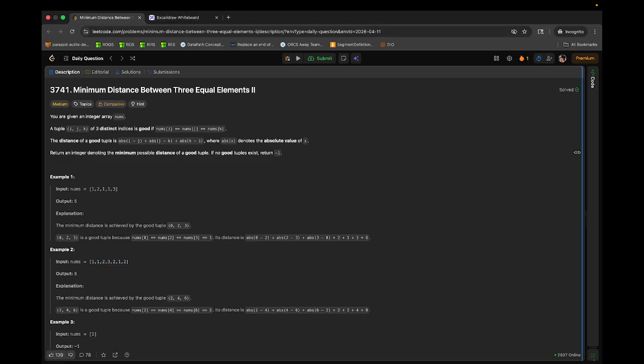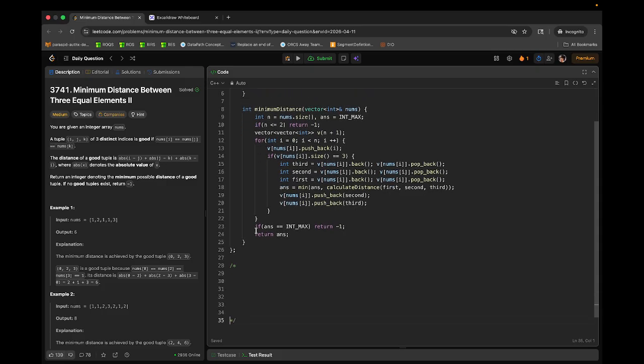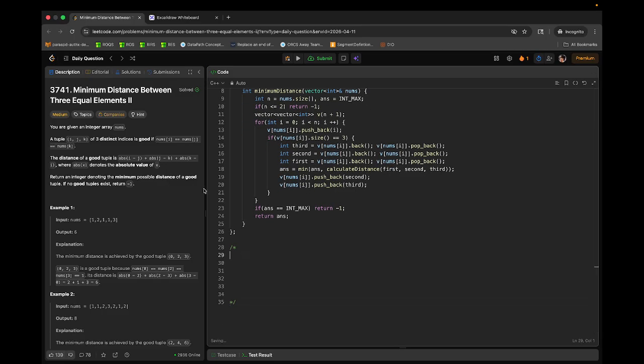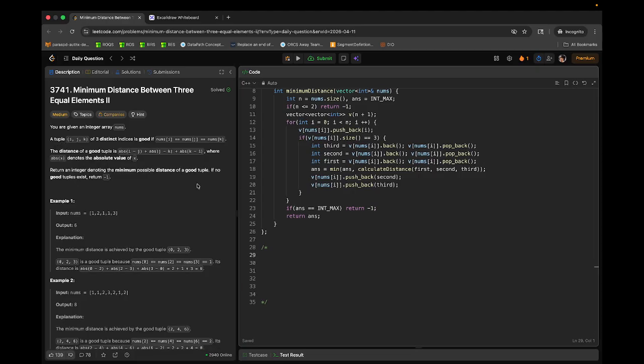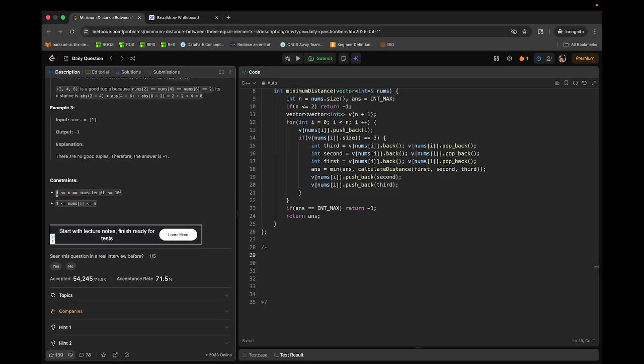So let's first look at the possible cases when it can't occur. We need at least three numbers in the array. The size of this array can be up to 10 raised to the power 5, with minimum being 1, and each element in the array will always be less than or equal to the size of the array.